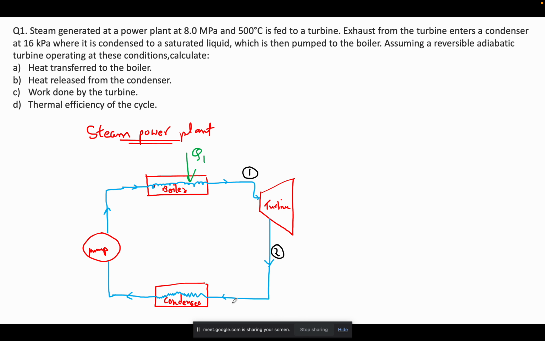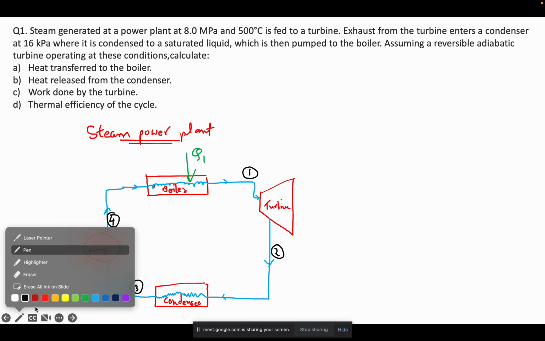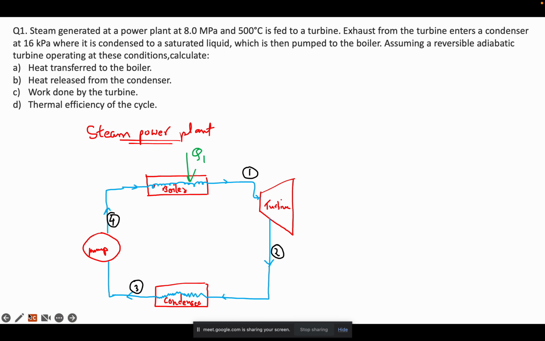When it goes inside the condenser and comes out, it comes out in state 3, and then it is pumped to the original pressure level of the boiler, which we consider state 4. So some heat input is done, due to which the steam is generated. This steam is expanded in the turbine, and in doing so the turbine does some work. This is the work done by the turbine.